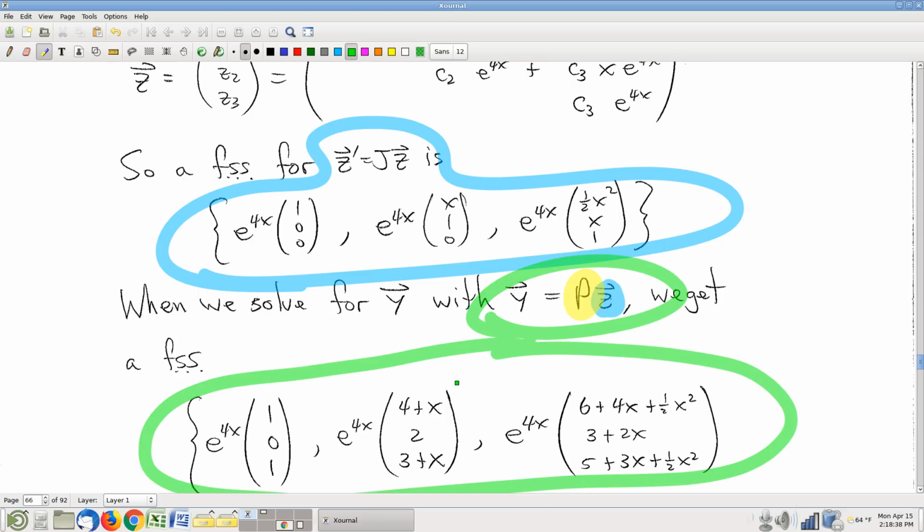Now again, it's just matrix multiplication. It's not that big a deal, but there's a certain amount of tedium in writing that down. So make sure that you go through those little details yourself as well. All right. Any questions? Okay.